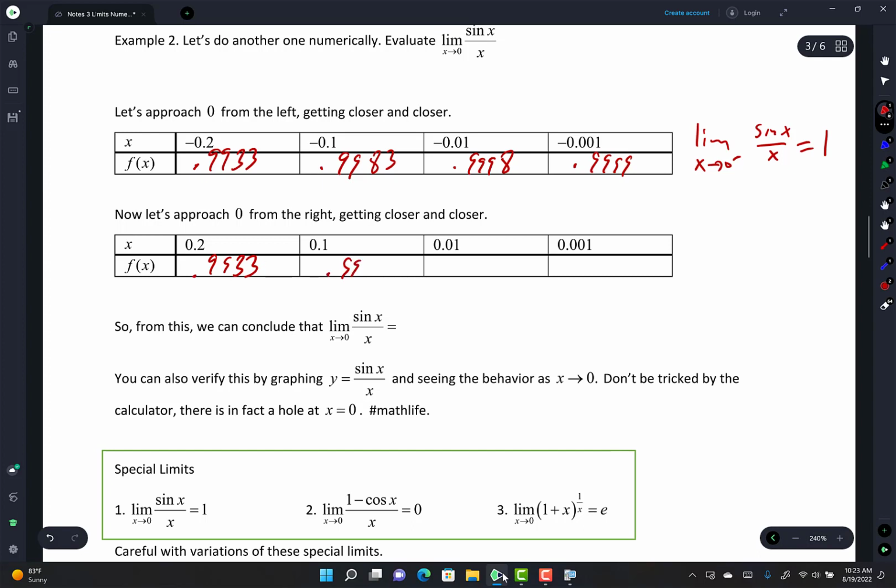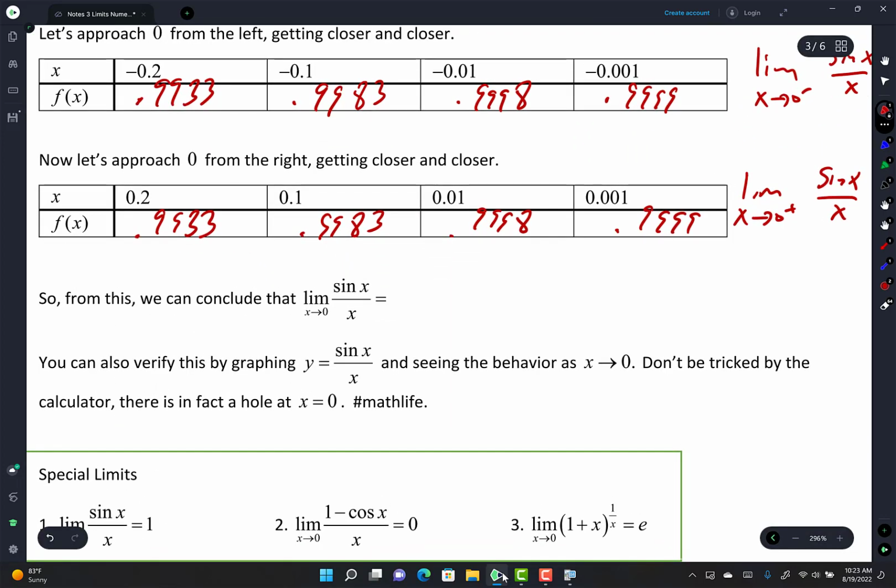0.9933, 0.9983, 0.9998, 0.9999. The limit as x approaches 0 from the right of sine x over x is equal to 1. How do we feel? So we can conclude that this limit is 1.